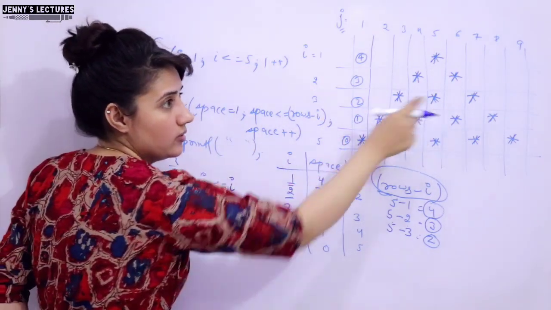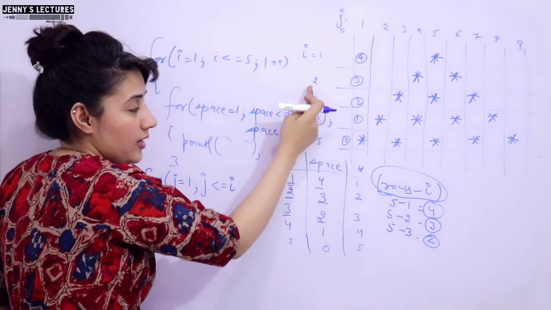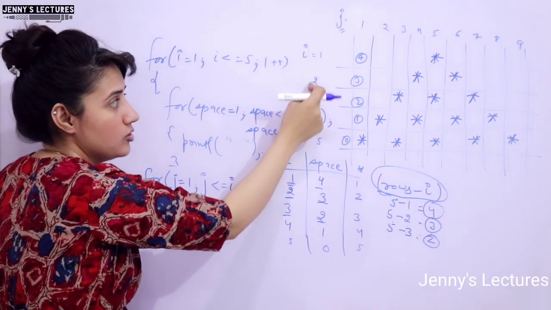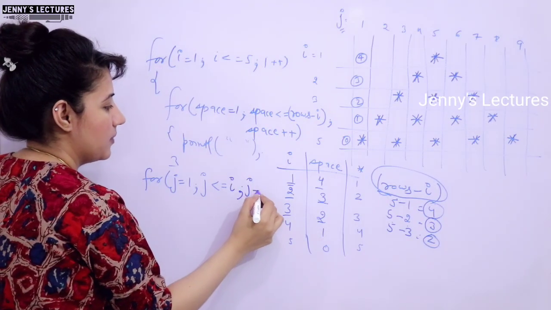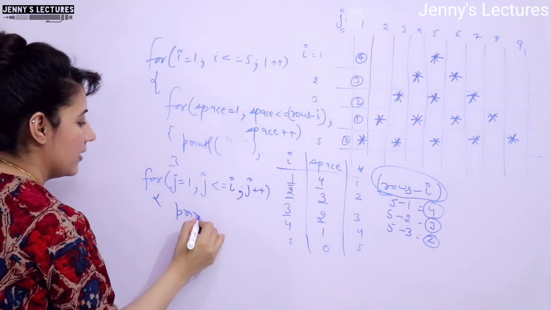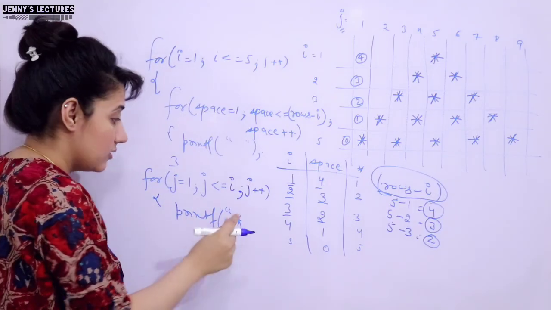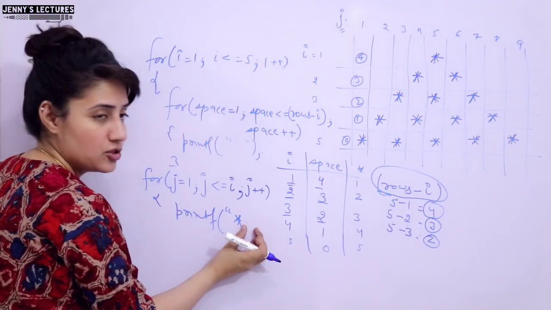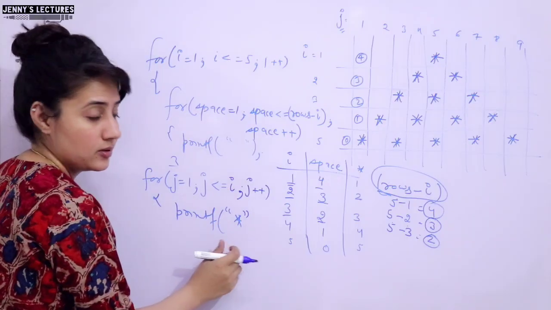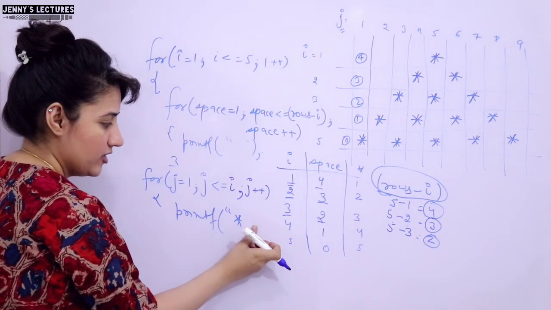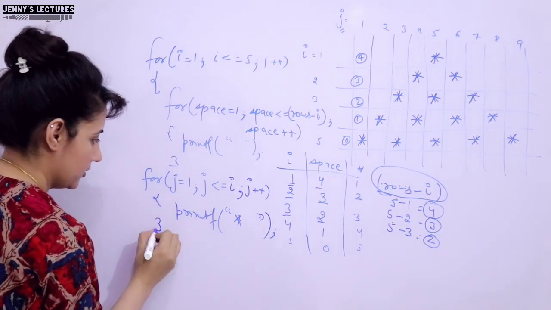For the third J is executing 3 times, exactly equal to the value of I, or the value of this row number. That is why J should be less than equal to I and J plus plus. And here I am printing a star. But what you have to take care of here: star and space we are printing. It's not that only a star should be printed; that would give another pattern. 1 star and 1 space, that is what we are going to print in this printf.